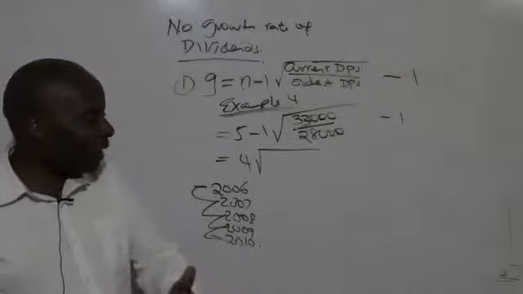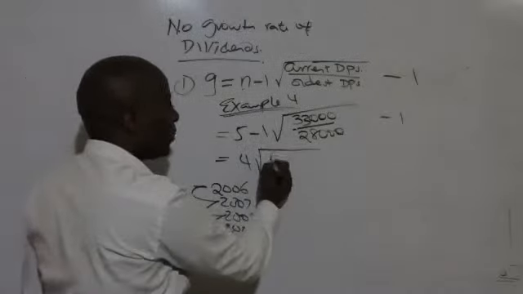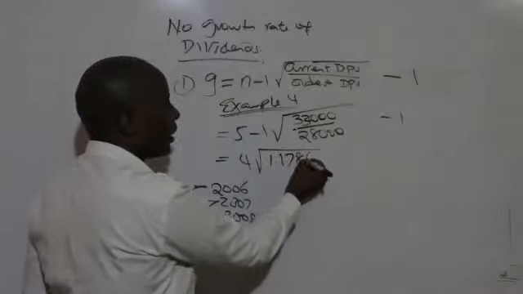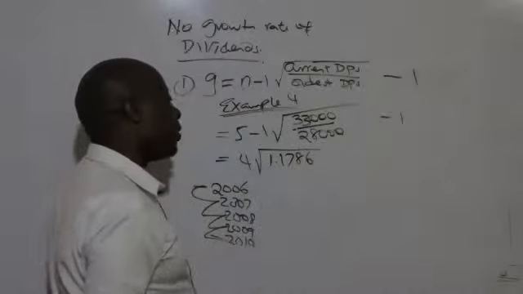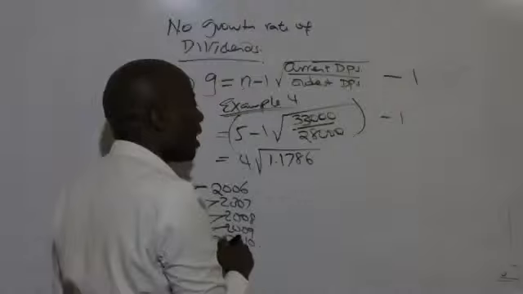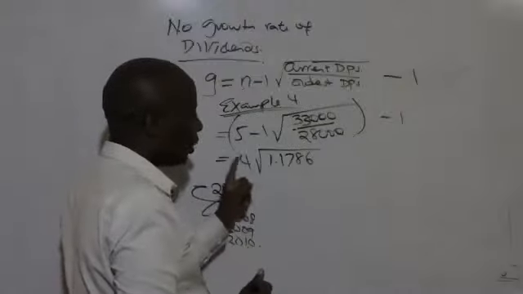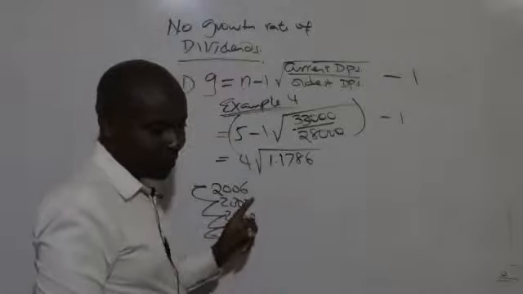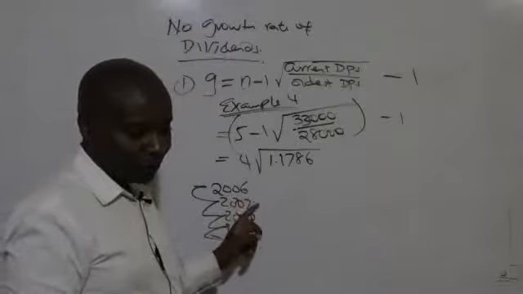So what figure are they able to give me here? Somebody divide this. 1.1786, ladies and gentlemen. And then now listen to me very well. First of all, take the fourth root of this figure.